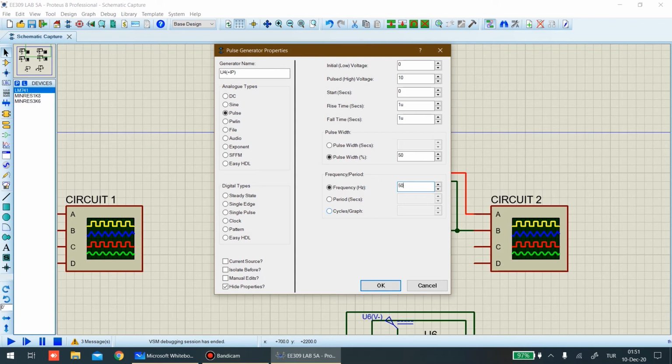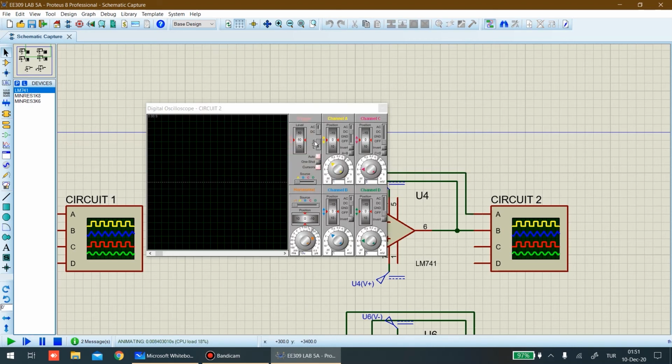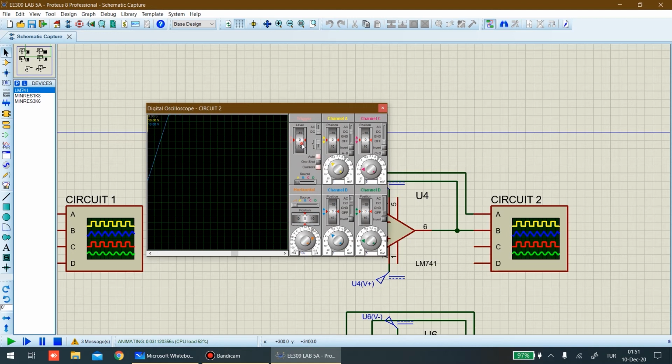If you apply a much smaller frequency from the input, now everything seems fine. The input perfectly overlaps with the output.